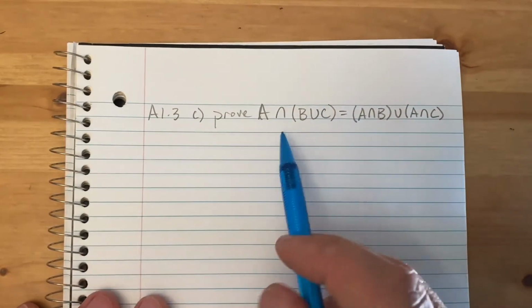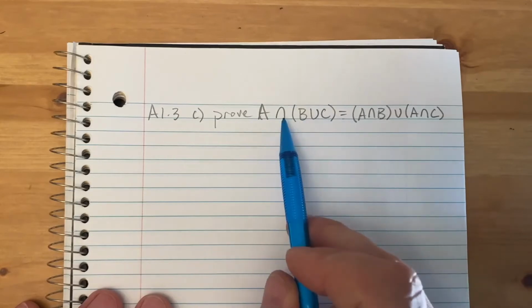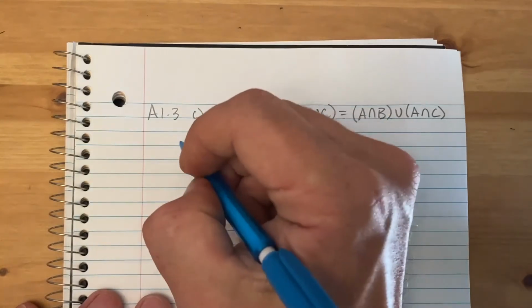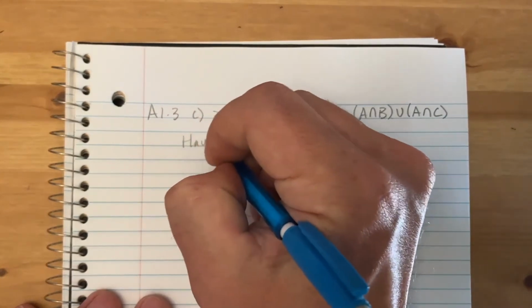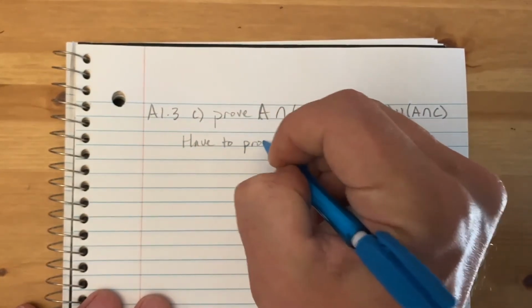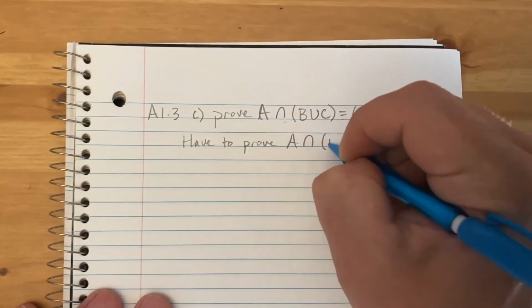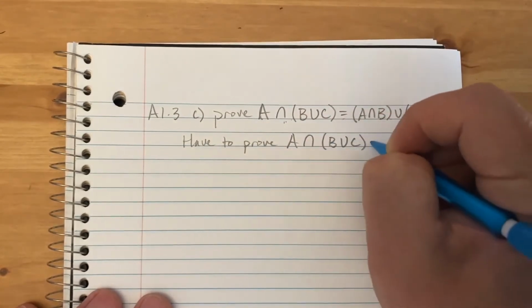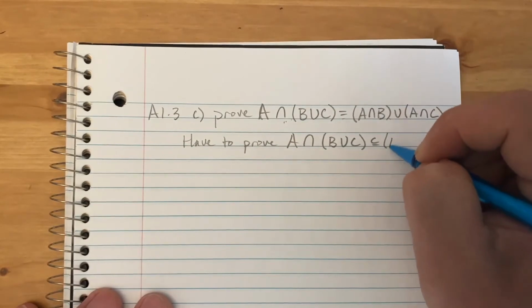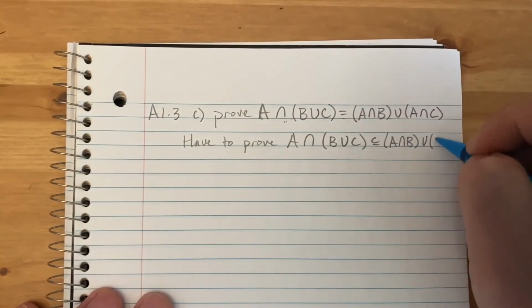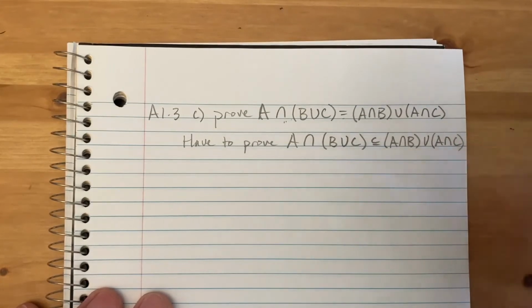And just like the previous two, we have to prove that this is a subset of this and this is a subset of this. So we have to prove that A intersect (B union C) is a subset of (A intersect B) union (A intersect C).